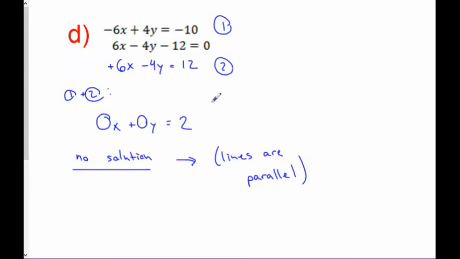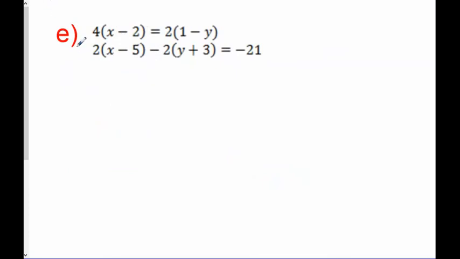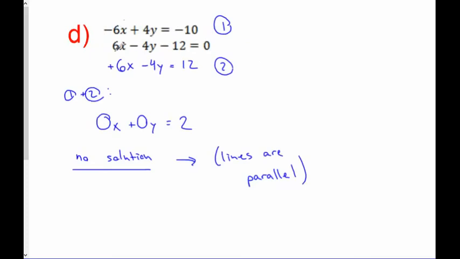Okay, let's look at the next question, which looks a little bit interesting. We've got some expressions here with binomials that might need to be expanded. Right, in order to do elimination, it's a lot easier when we have something that looks like this, where we have numbers that line up and terms with the same variable that line up that we can add and subtract.